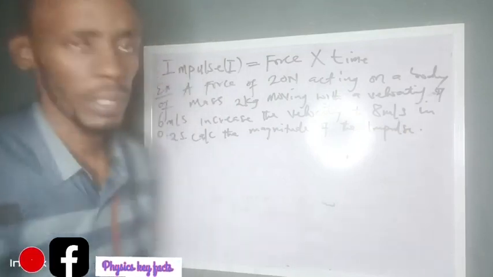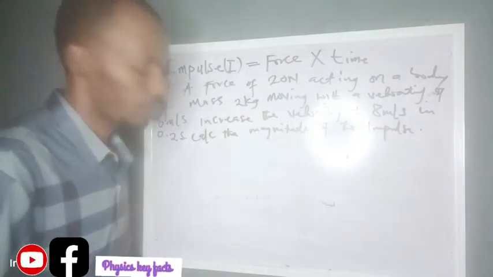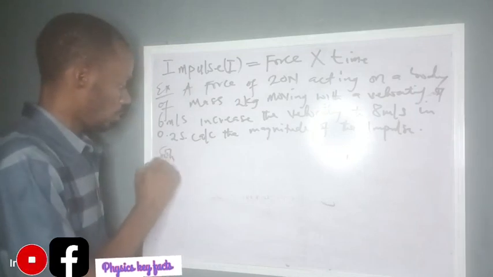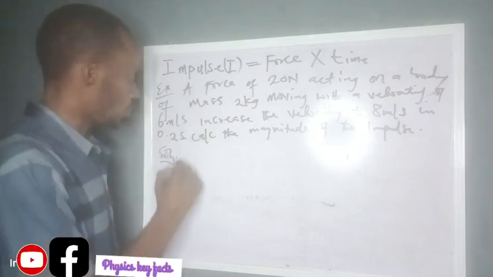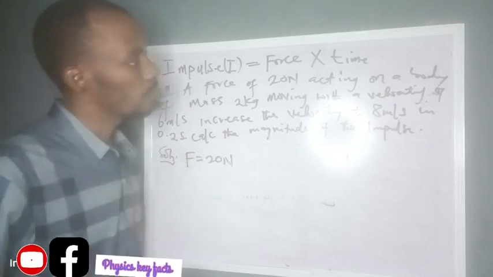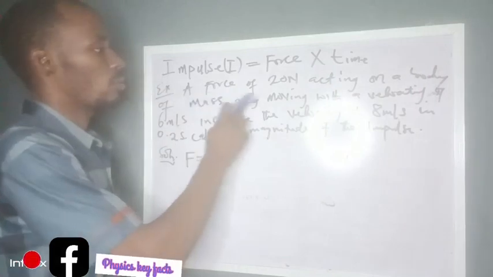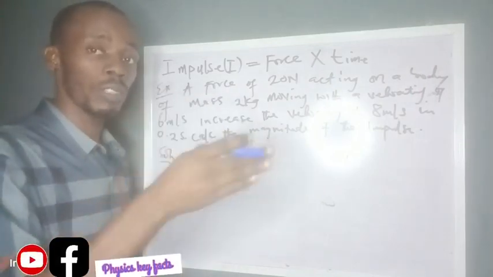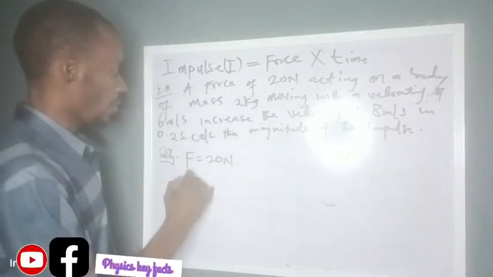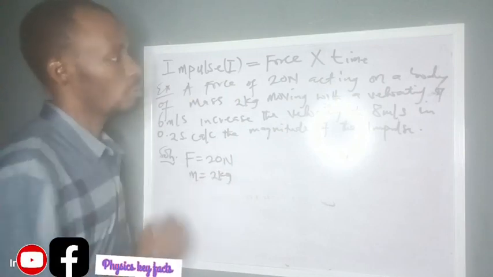So this is a very typical question. A force of 20 Newton. What do we have from this question? Solution. We have a force of 20 Newton acting on a body of mass 2 kilograms. So the mass of the body is 2 kilograms.